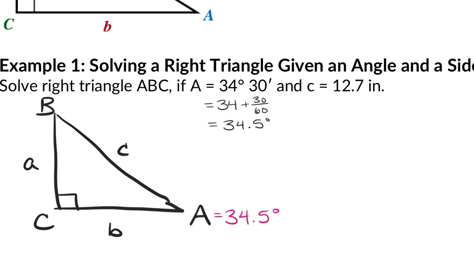If that is unhelpful to you, another way you can label these that a lot of people find easier, my numbers get really small, so I don't always do this. You could put it inside the triangle since it's an angle, if you prefer that. The other thing we're given is that side length C is 12.7. So this side length C, my hypotenuse, is going to be 12.7 inches.